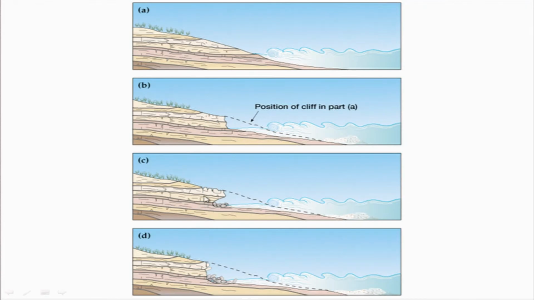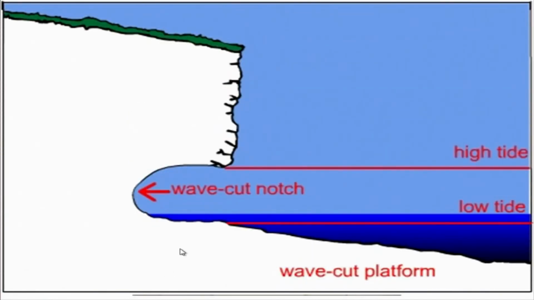Of course, further erosion will also collapse the hanging portion, as shown in this figure D, and again the sea cliffs will form, and then further erosion will take place. So what we have is the sea cliff here, and the constant erosion by the waves, where you can see this portion is the low water line or the low tide level, and this portion of erosion is the high water or high tide part.